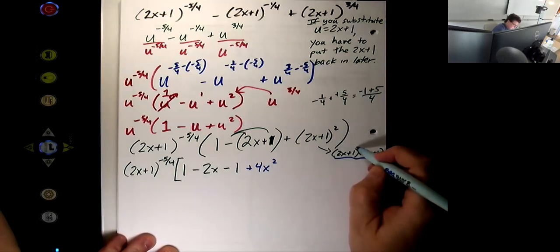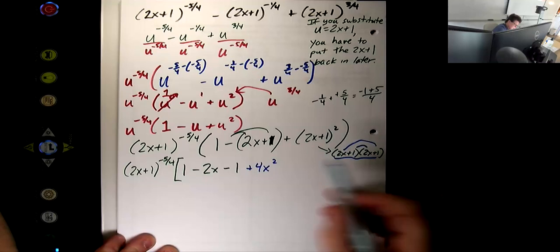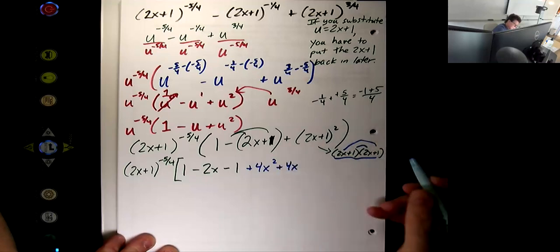And then 1 times 2x and 1 times another 2x is 4x, and then plus 1.